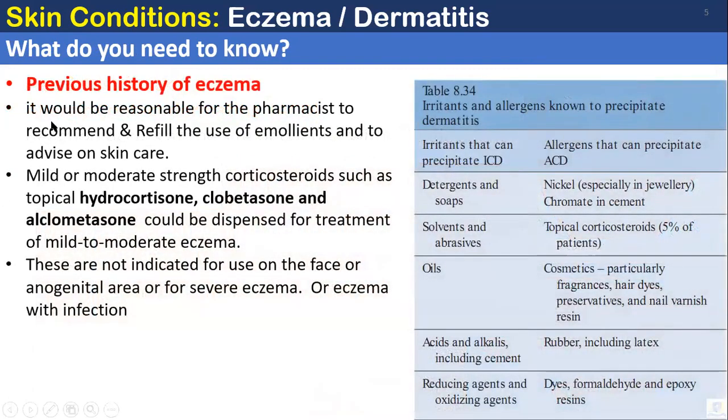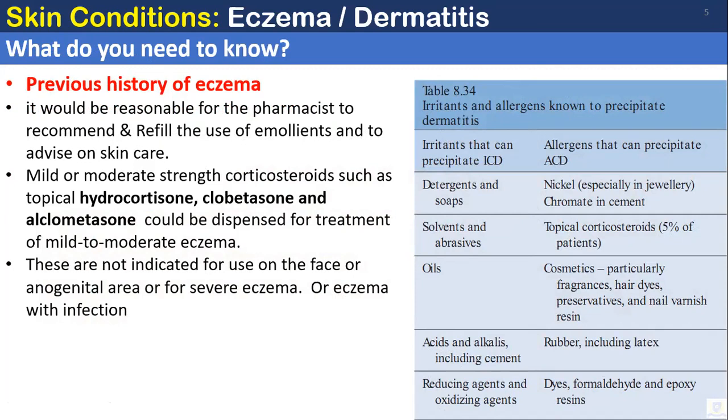We should know the previous history of asthma. When the patient comes to the pharmacist asking for a refill of emollient, we should ask about the history of the disease, the family history, previous attacks, and drugs used by the patient.